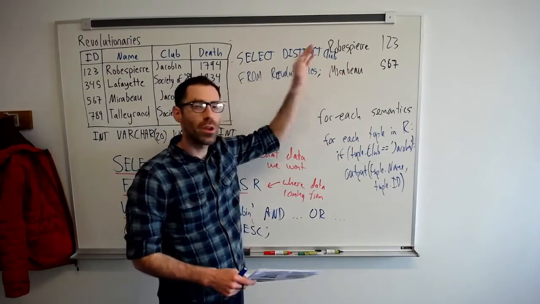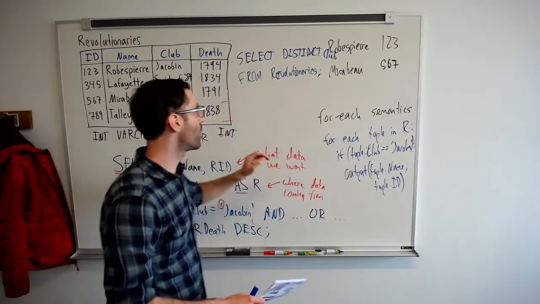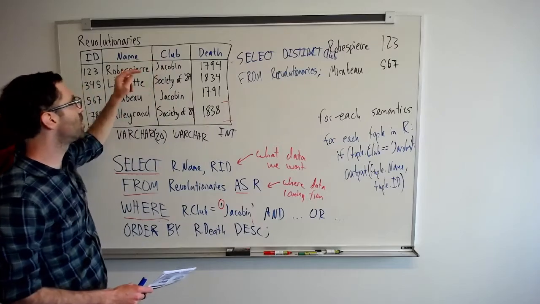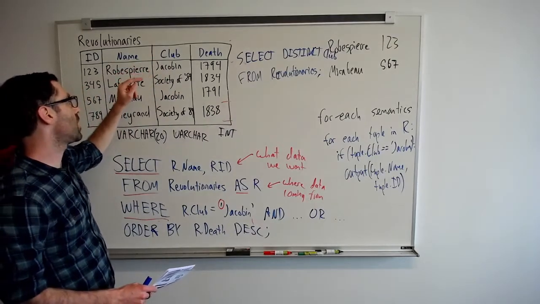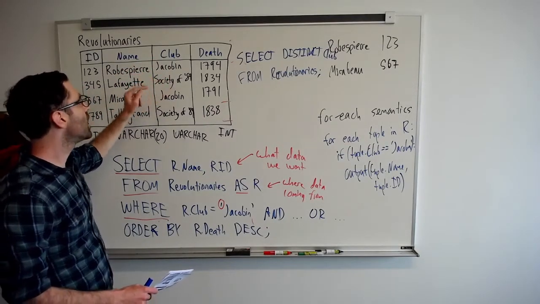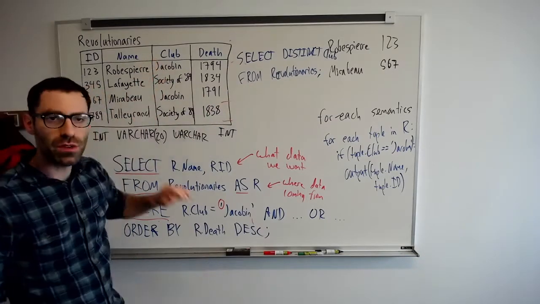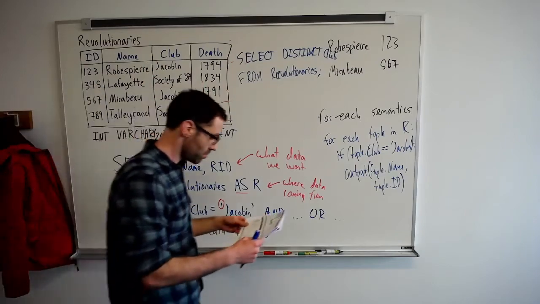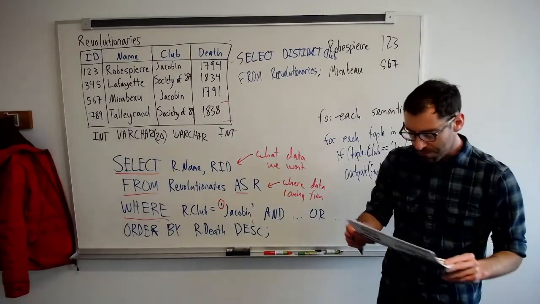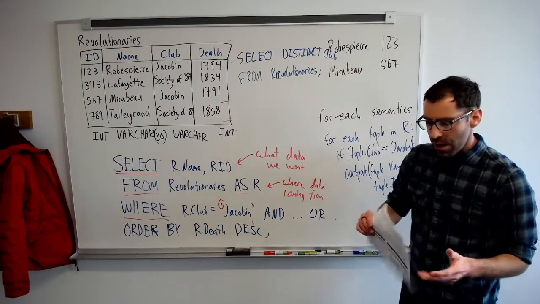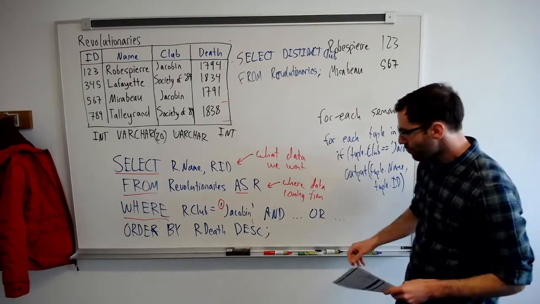It would eliminate any duplicates. And so without this distinct, select club from revolutionaries, we'd get Jacobin, Society of 1789, Jacobin, Society of 1789, and with distinct, we just get each of them once, because that is what distinct does. So that is definitely useful.